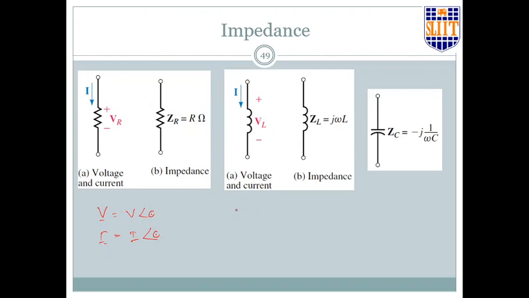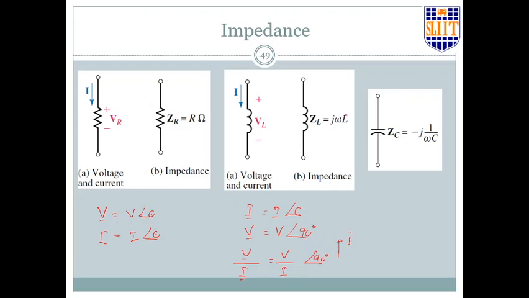Now when it comes to an inductor, voltage is leading. So if I is equal to I angle 0, V is equal to V angle 90 degrees. So V over I is V over I angle 90 degrees. That is going upwards, meaning it is in the j direction.